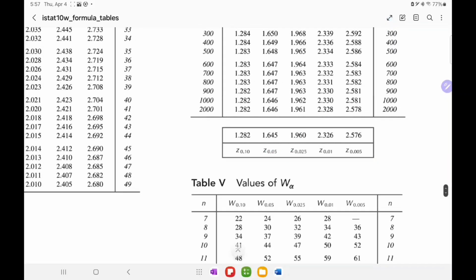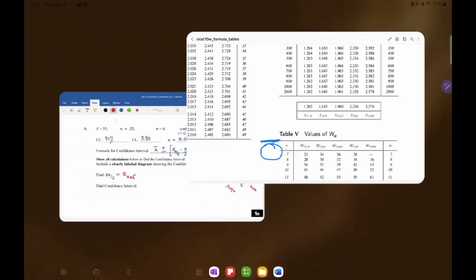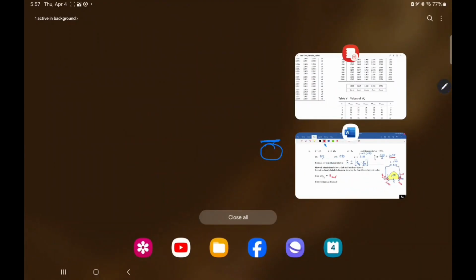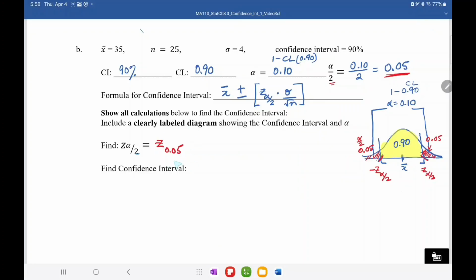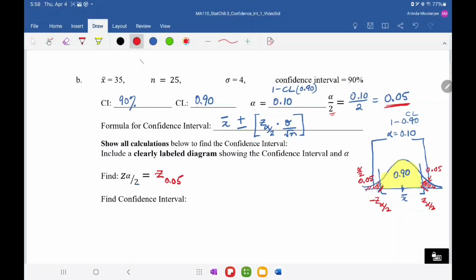So the z value whose area to the right is 0.05 is 1.645. So we have to take that value and put it here. So z of 0.05 is 1.645, right? That's the z of 0.05.